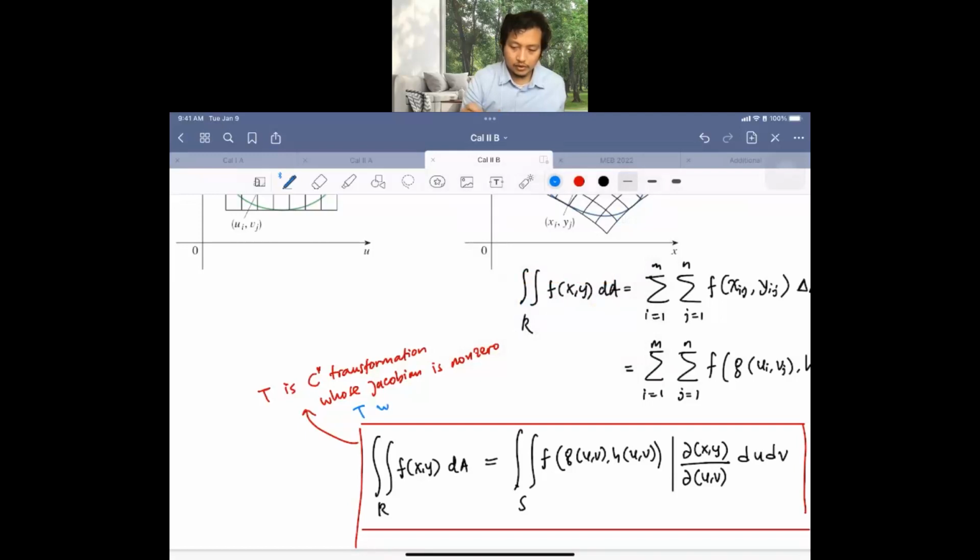T maps S in the uv plane onto R in the xy plane.